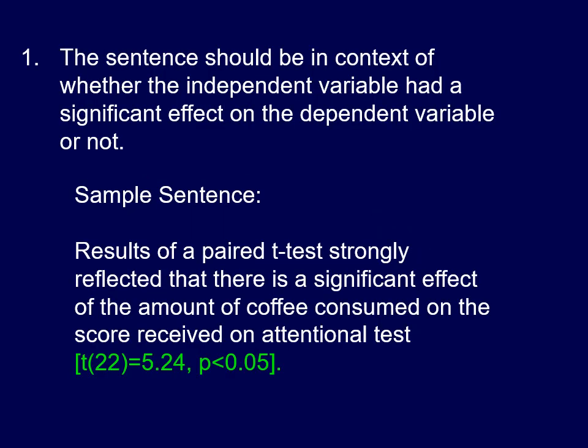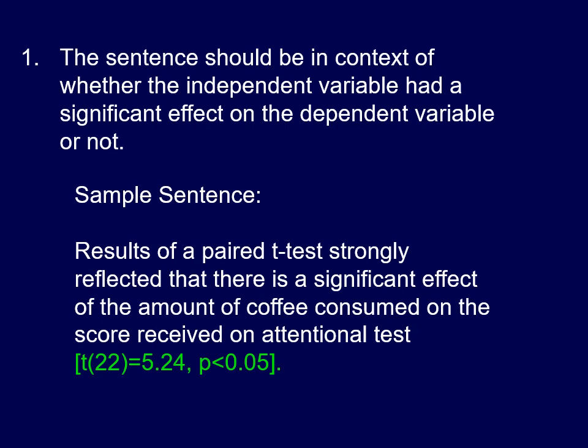Now, the sentence should be in the context of whether the independent variable had a significant effect on the dependent variable or not. The sample sentence is something like this: The results of a paired t-test strongly reflected that there is a significant effect of the amount of coffee consumed on the score received on the attention test.